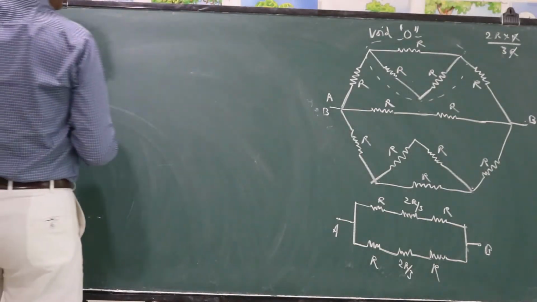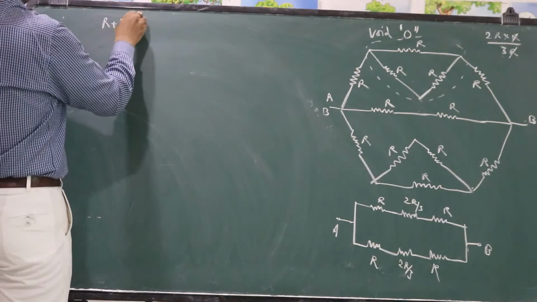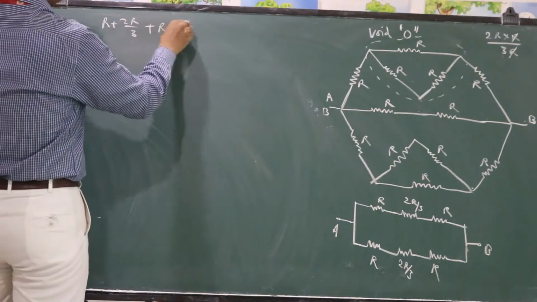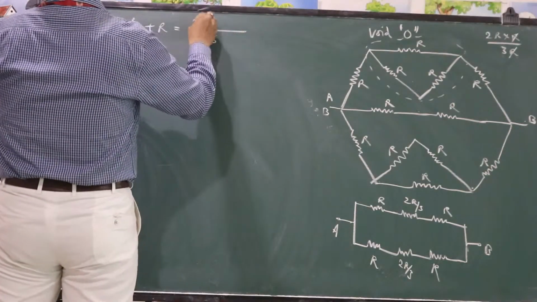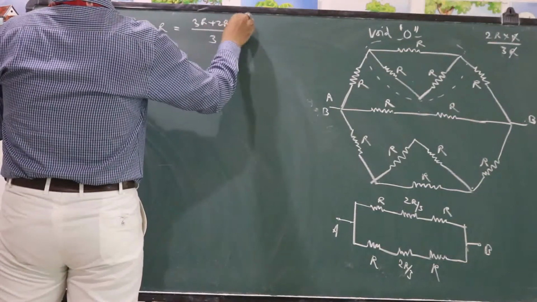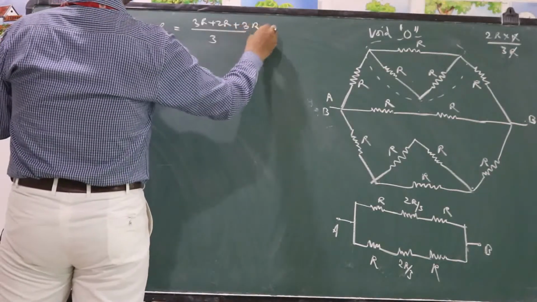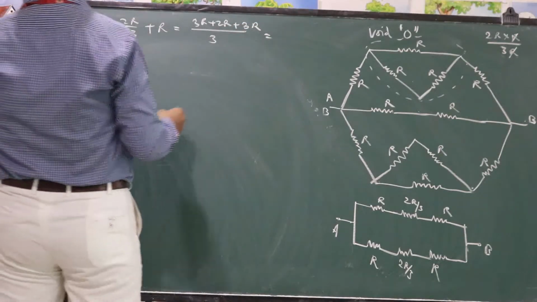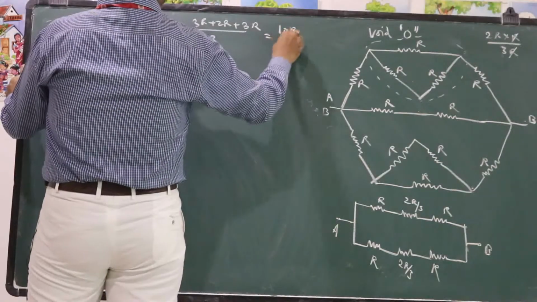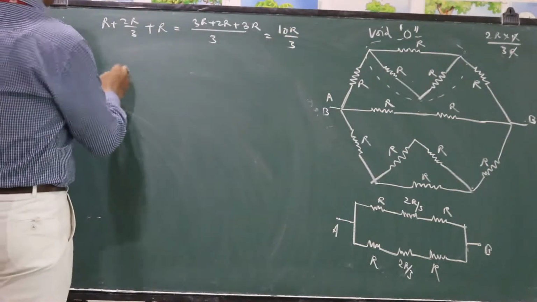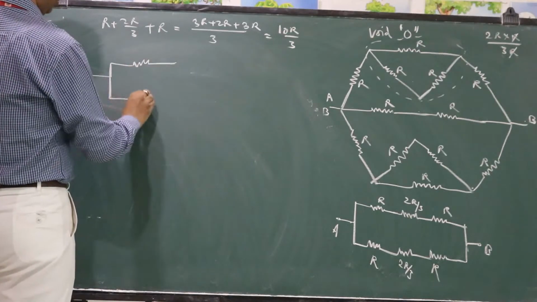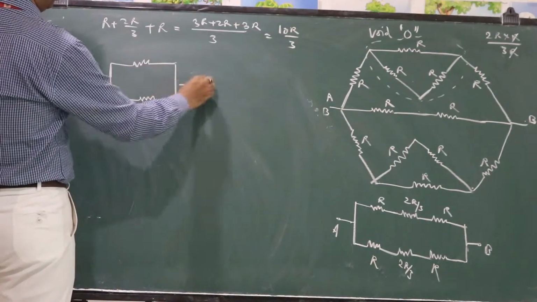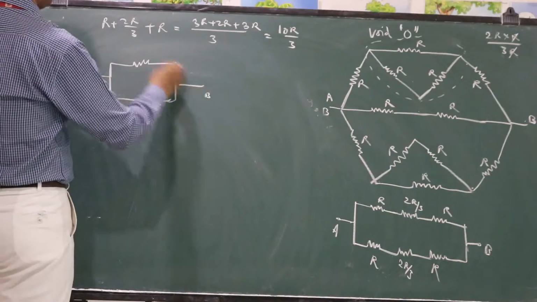Effective resistance in the upper branch is R plus 2R by 3 plus R. That is 3 is the LCM, 3R plus 2R plus 3R, that is 10R by 3. Clearly the circuit is having 10R by 3, 10R by 3 between A and B.